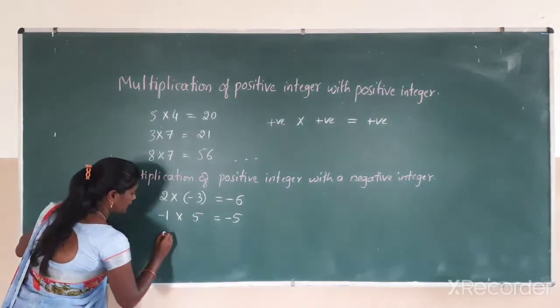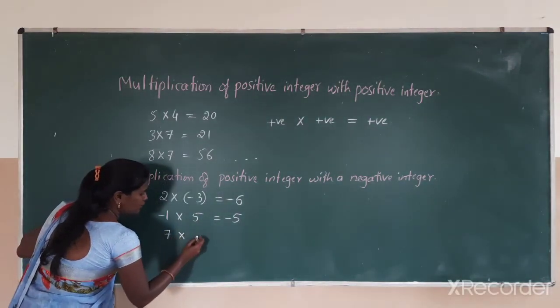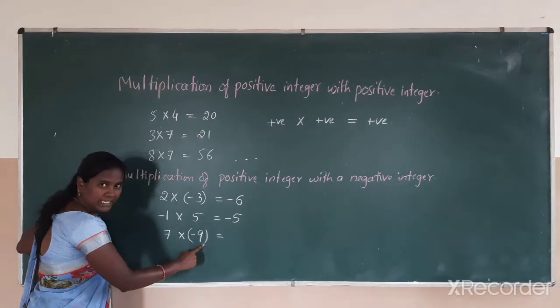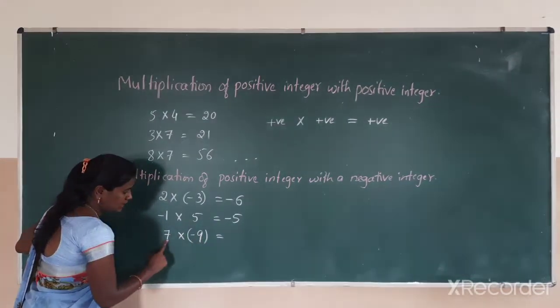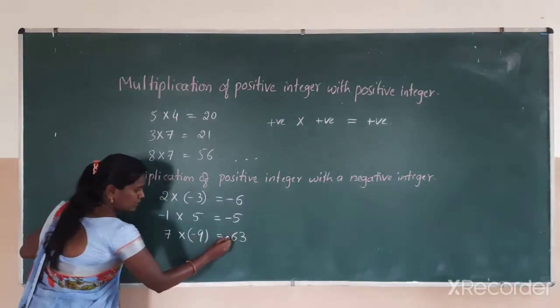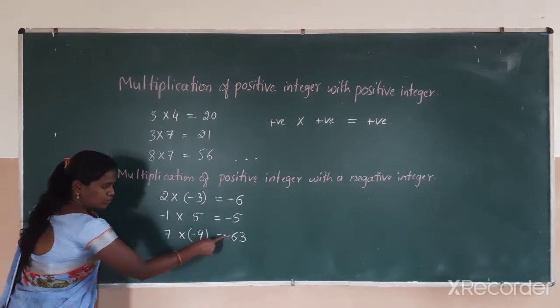If we take 7 into minus 9, 7 9s are of course 63, and only one negative sign is there, so put that negative sign.